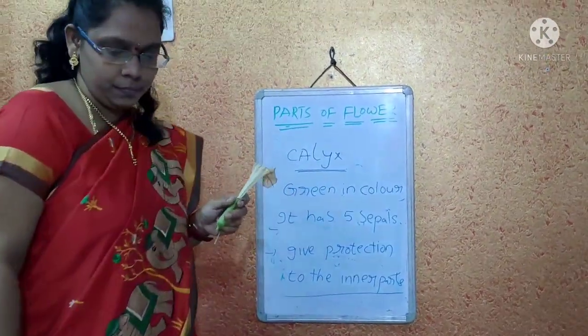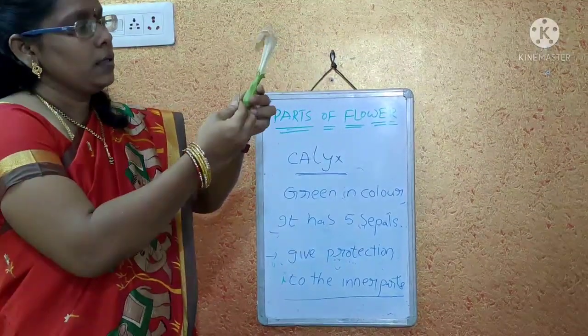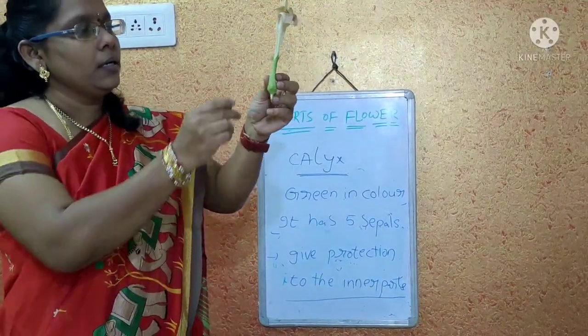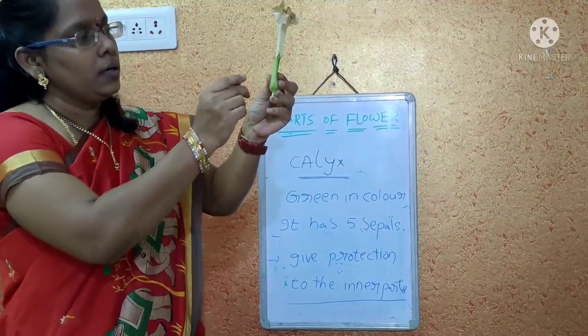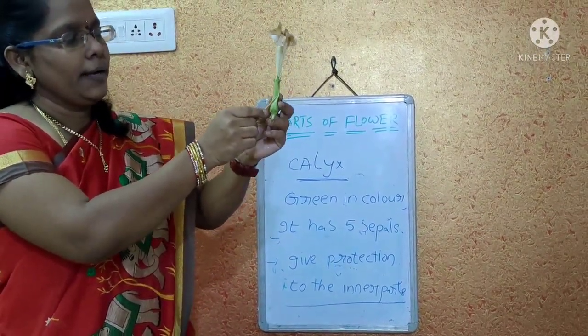Okay, children. This is the calyx, green in color, with 5 sepals. It protects the inner parts.